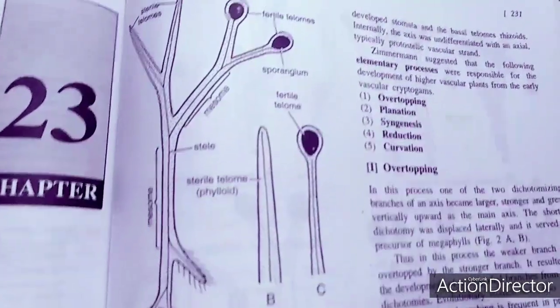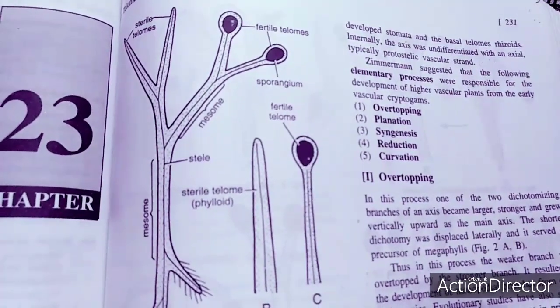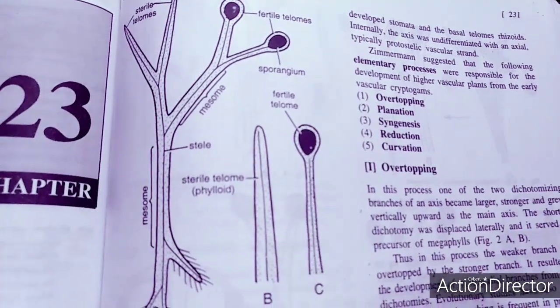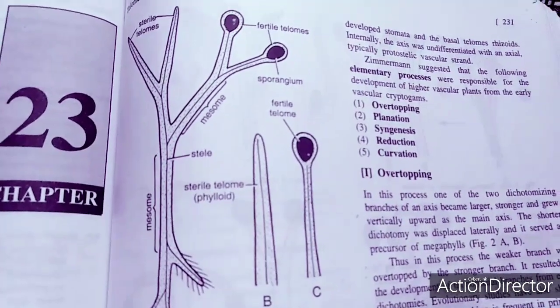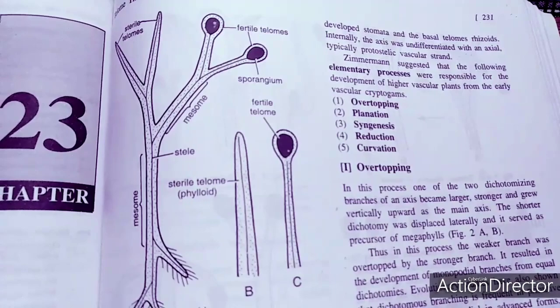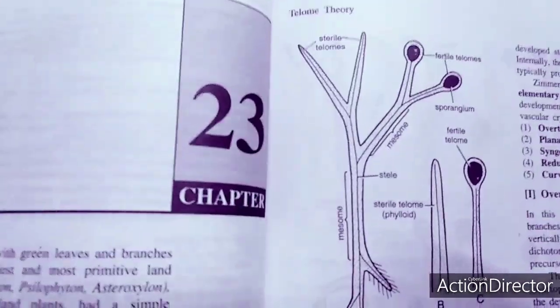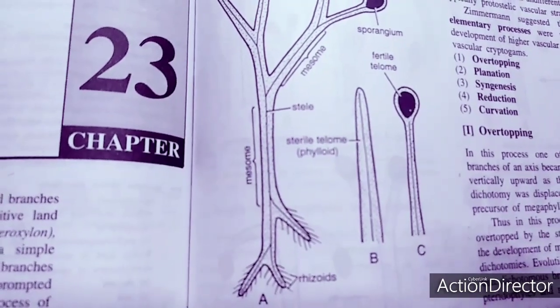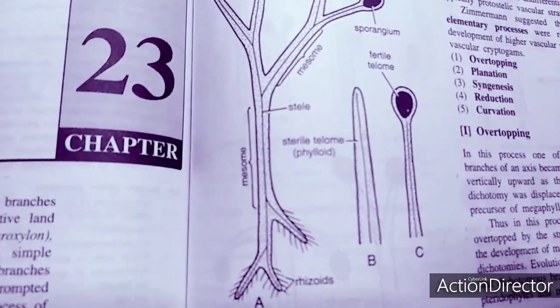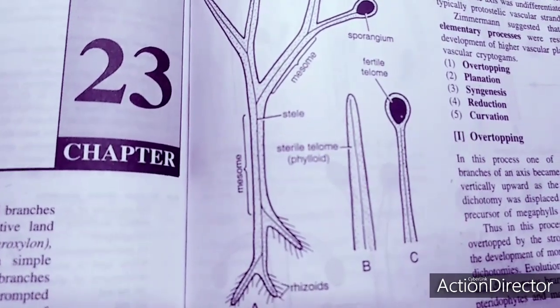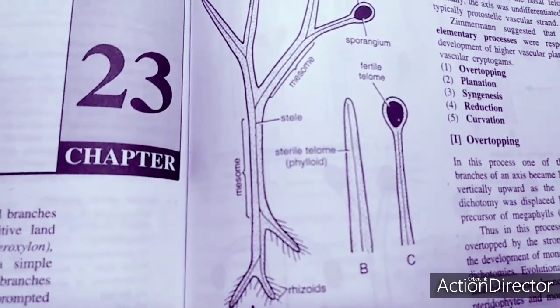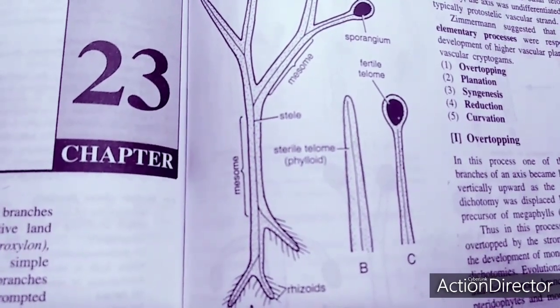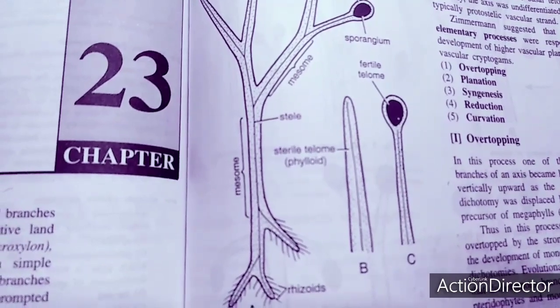In the structure, you can identify a telome, and the mesome is situated where the dichotomy is going to fuse. In fact, a mesome is basically a telome, but during ontogeny, its apex was formed and it was transformed into the mesome.